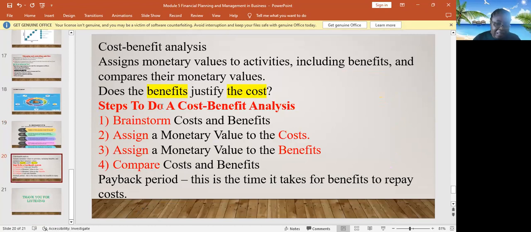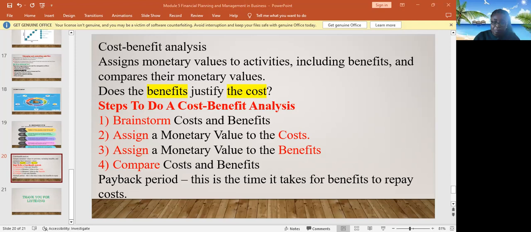Then cost-benefit analysis. What do you mean by cost-benefit analysis? That's a question. A cost-benefit analysis is a process of comparing projects or estimates, costs and benefits associated with a project decision to determine whether it makes sense from the business perspective.